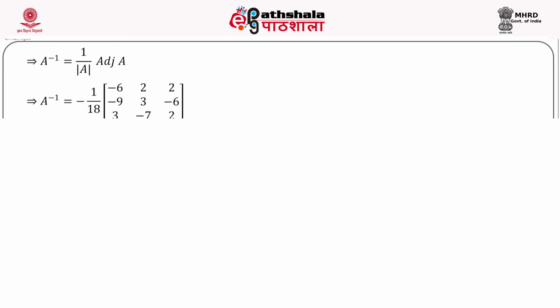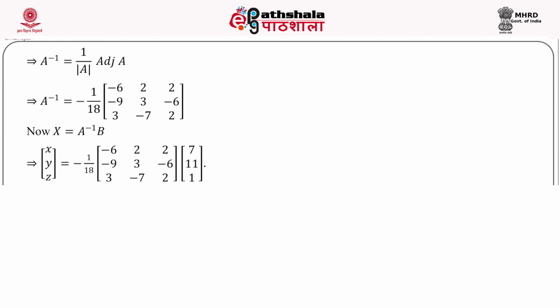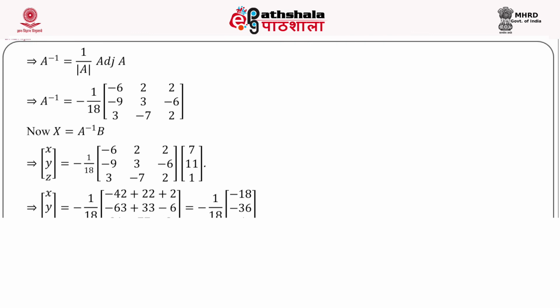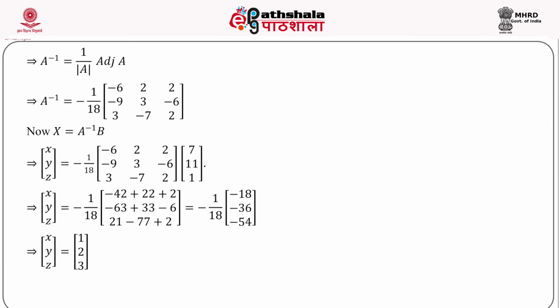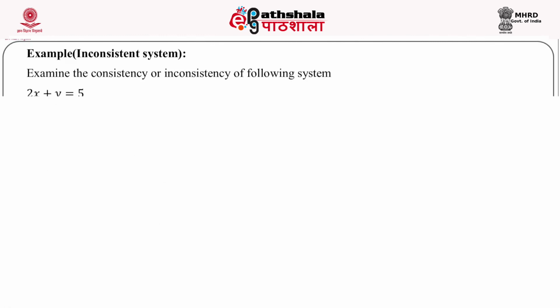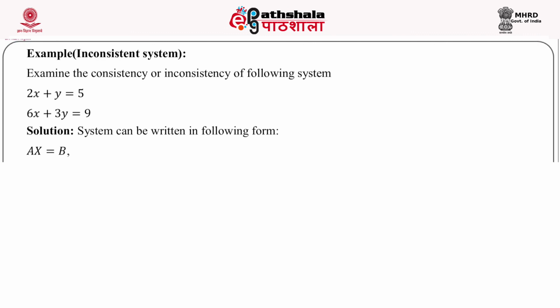Now let us find the solutions of this system. Put one of the variables, z, equal to k, where k is an arbitrary constant. Now let us take the first two equations of the given system. So the first two equations can be written in this form. Now we will again solve this new system of two equations with the matrix method.